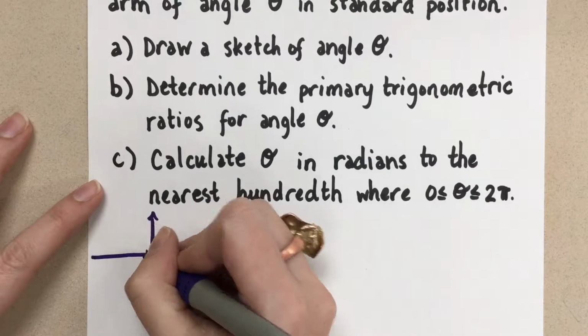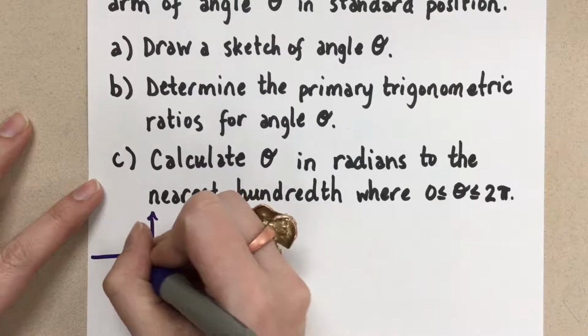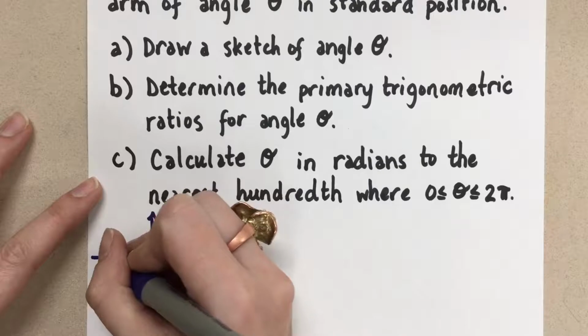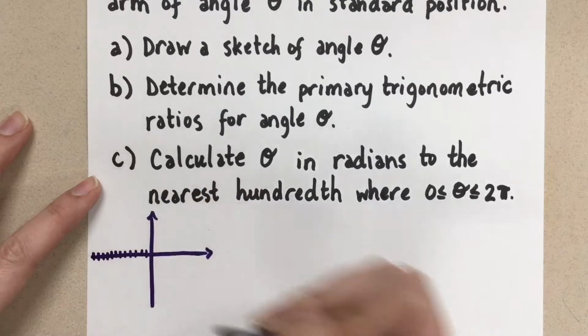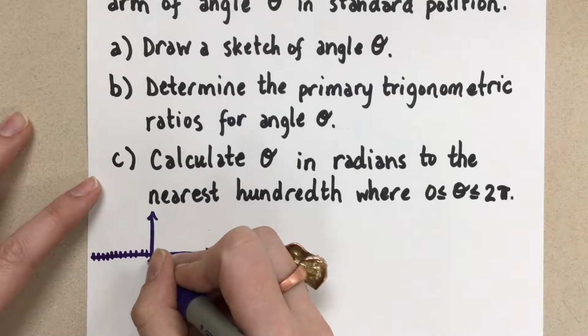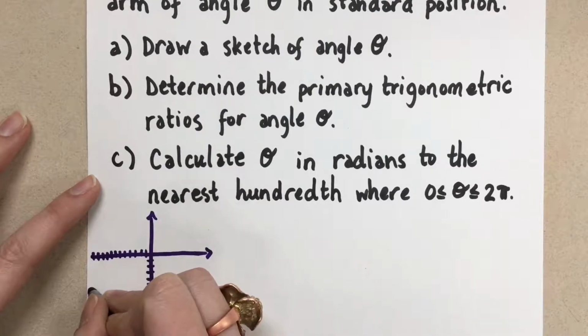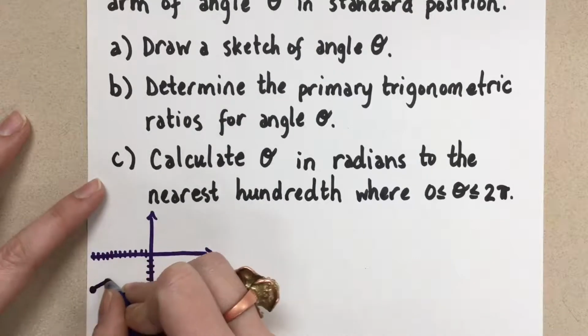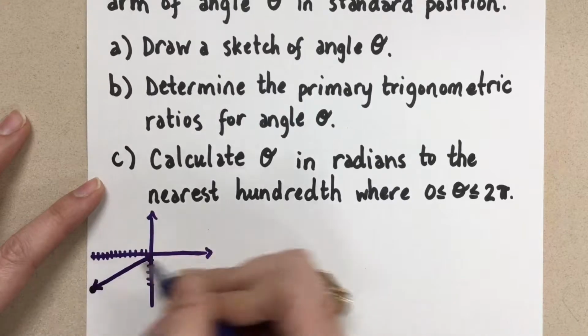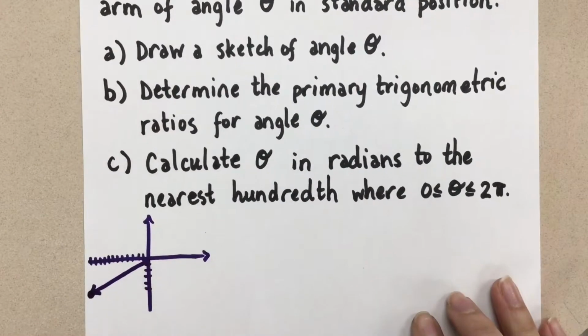So I'll do this really roughly here. 1, 2, 3, 4, 5, 6, 7, 8, 9, 10, 11, 12. There's my -12 and then -5. 1, 2, 3, 4, 5. And so the point is about here, and there's the terminal arm for my angle.